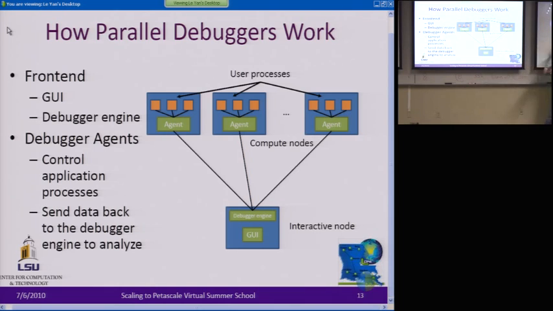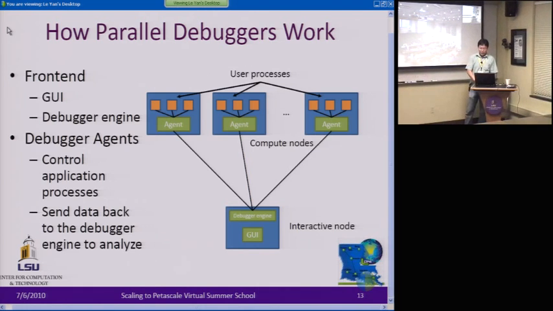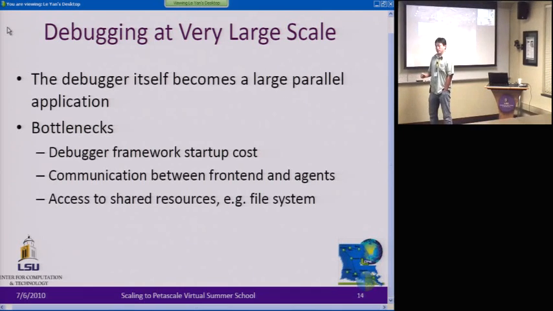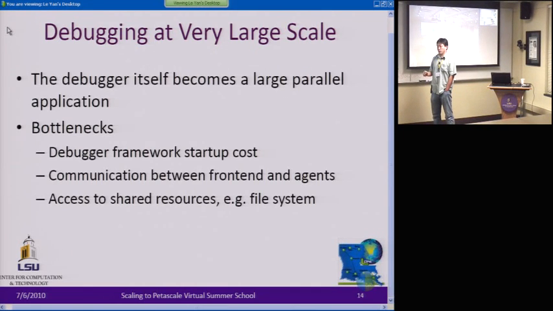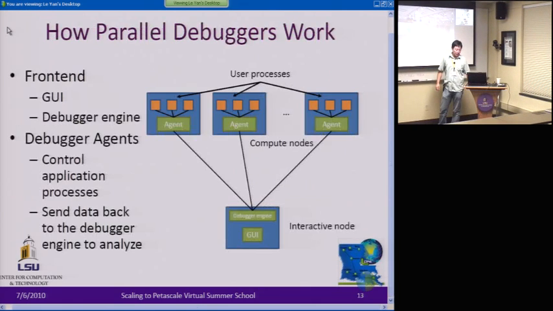Okay, so why do we need to know this? Because you need to be aware that if you debug a parallel program which is running with thousands of cores or a large number of cores, the debugger itself becomes a large parallel application.